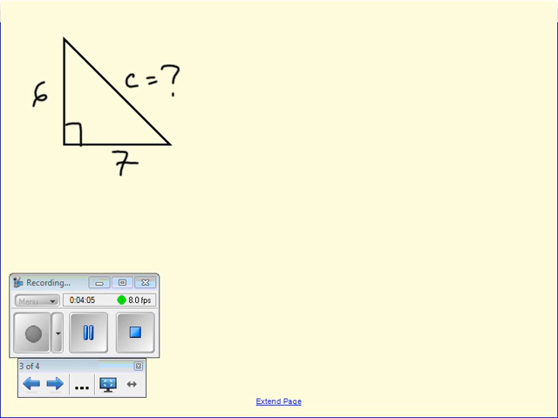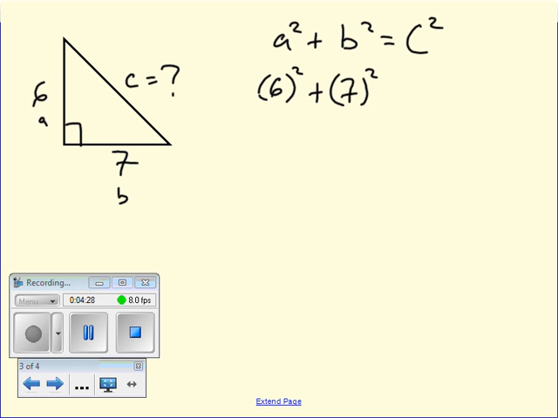But I have 6 and I have 7, and I want to find out what C is. So I'm going to apply my Pythagorean theorem. I know that this is my A side, this is my B side. So I have A squared plus B squared equals C squared. I plug in 6 for my A and 7 for B.